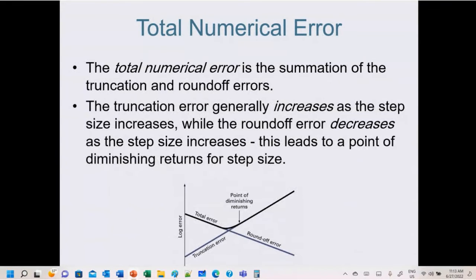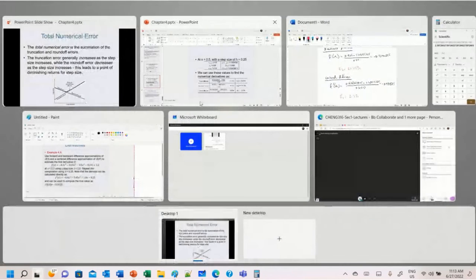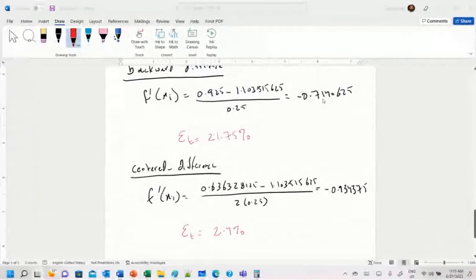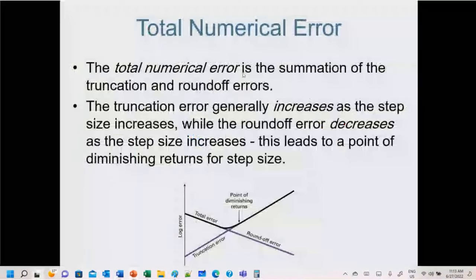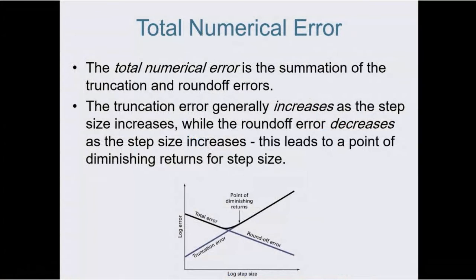Now the total numerical error that we get is the summation of the truncation and the round off errors. So let's just do this and come back. Here we are plotting the log of the step size, and here we have the log of the error, so it's a log-log plot of the error with the step size.